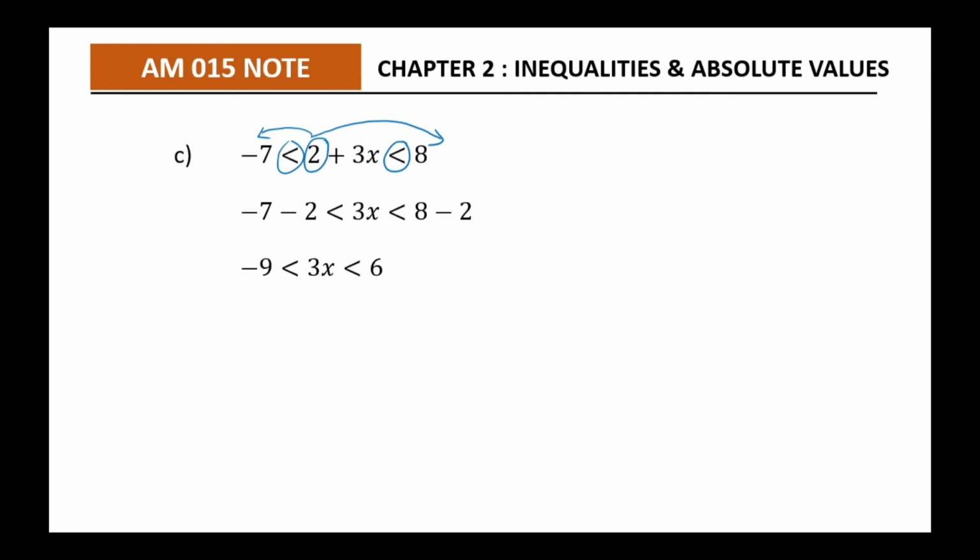Then simplify. Negative 9 less than 3x less than 6. And then 3 as division, both sides. So we have negative 9 over 3 less than x less than 6 over 3. Then simplify. Negative 3 less than x less than 2. So the answer is x is between negative 3 and 2.